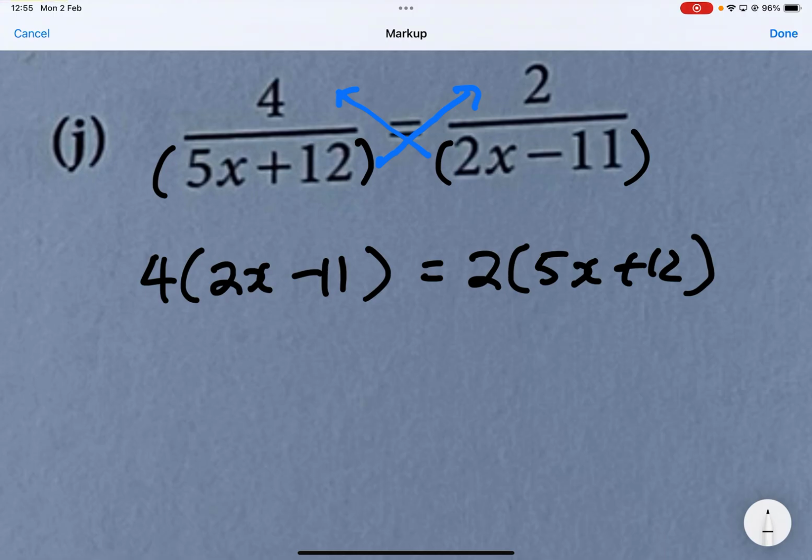Okay. Arik, what's the next thing to do? I want x to be on one side finally, but now my x is inside the bracket. Yes. So I need to expand to free the x out.